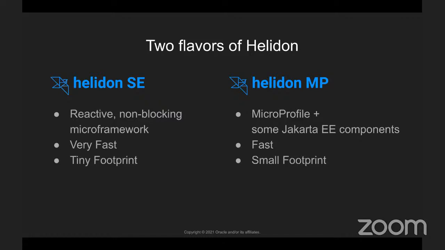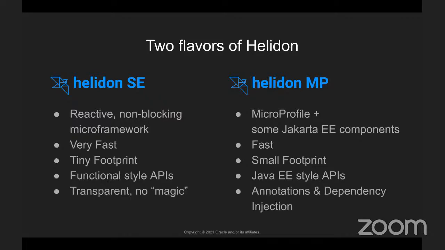If Helidon MP has a small footprint, Helidon SE has a really tiny footprint. And the style: MP is a Java EE style of APIs with annotations, etc. SE is pure Java with functional style APIs, and there is absolutely no magic. The only annotation we actually use there, I believe, is only Override. So it's simply pure Java.